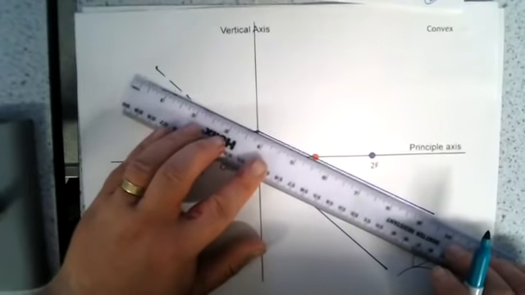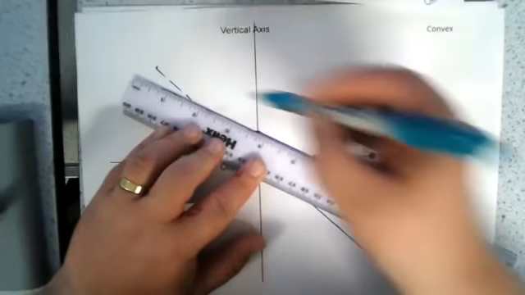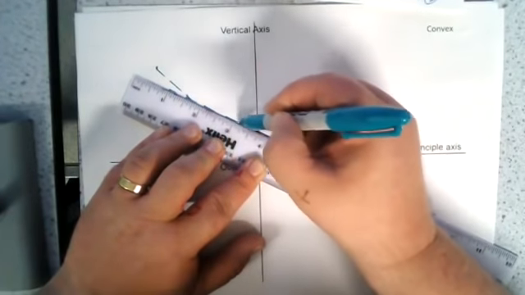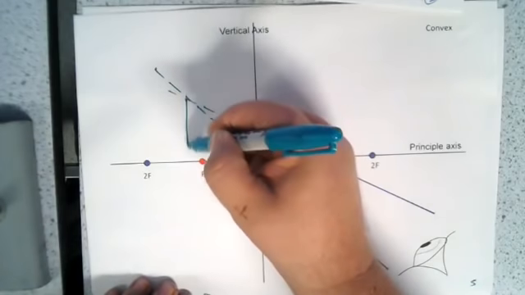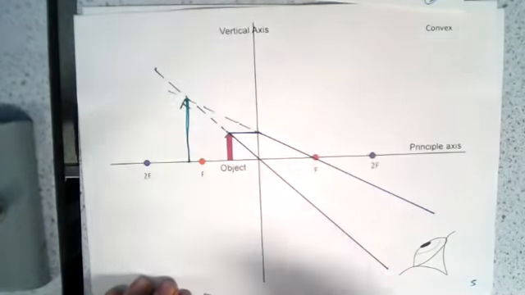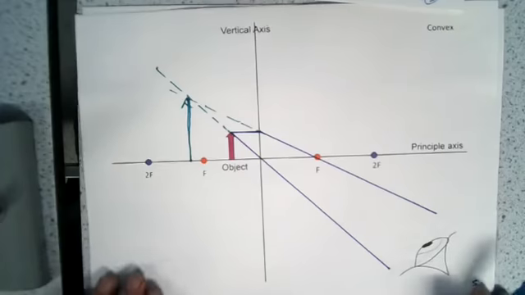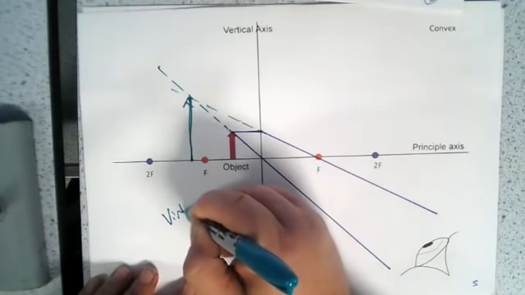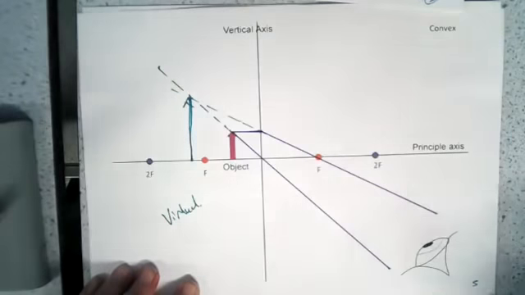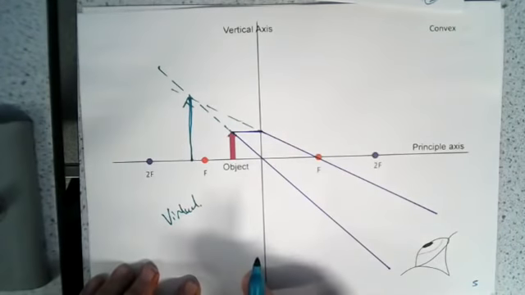And I'm going to track that one backward. Now we can actually see that our image is being formed here. And this time we can say that it's virtual because it's actually coming from somewhere that it really isn't.